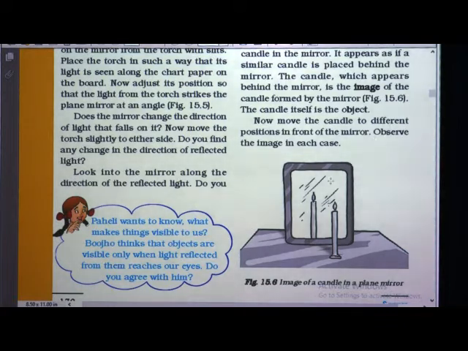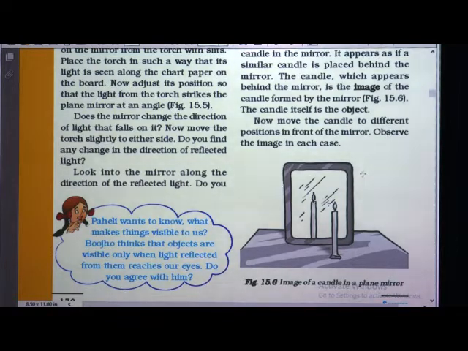Now move the candle to different positions in front of the mirror. To learn which type of image is formed in this plane mirror, we moved this candle to different positions.